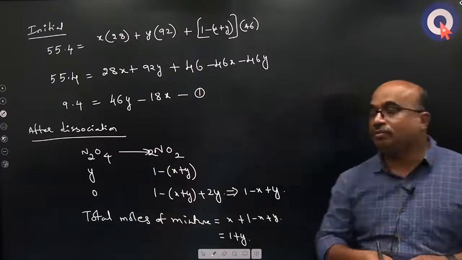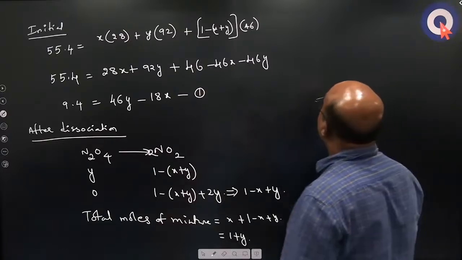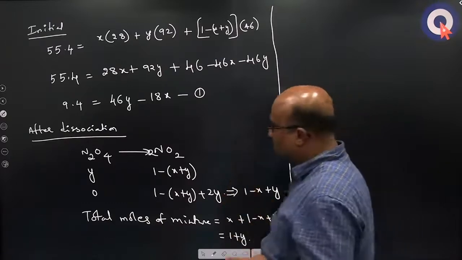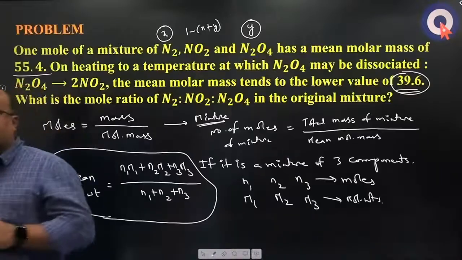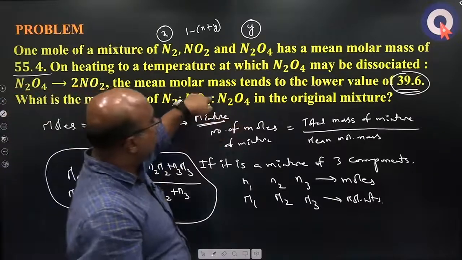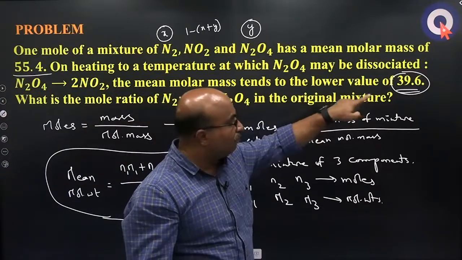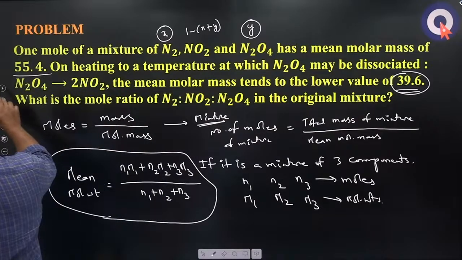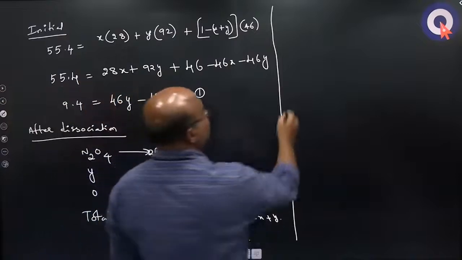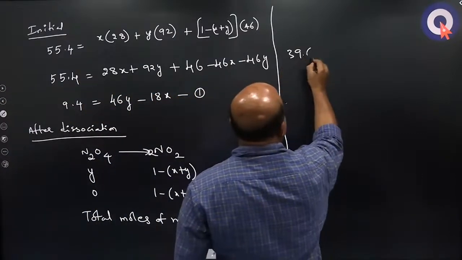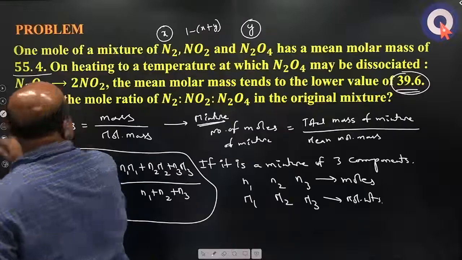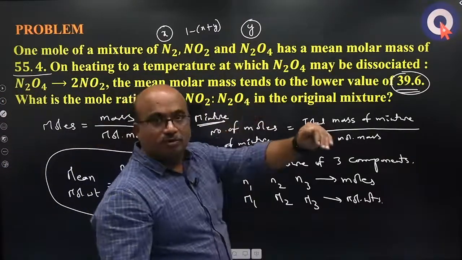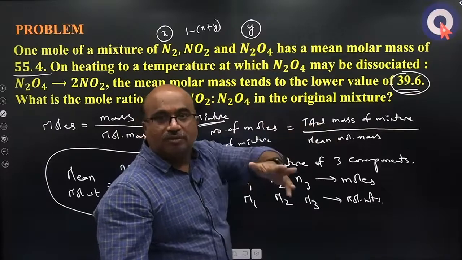Clear? Now, equating this to the second relation that is given: the mean molecular mass lowers to a value of 39.6. Note that lowers to a value is different from lowers a value.